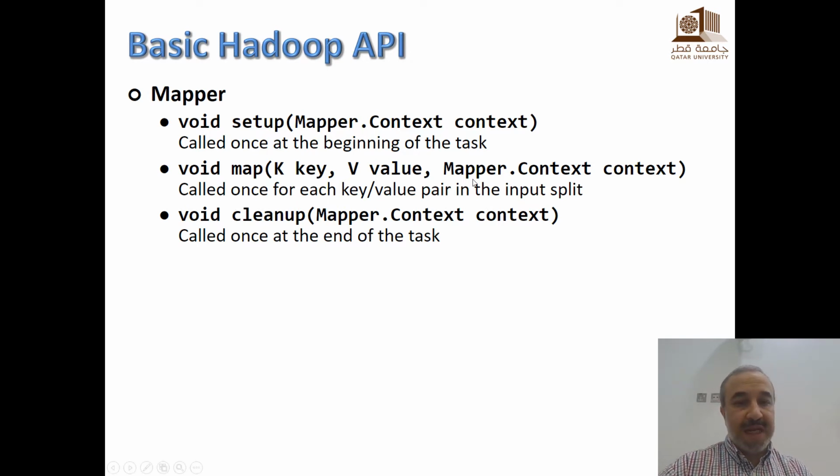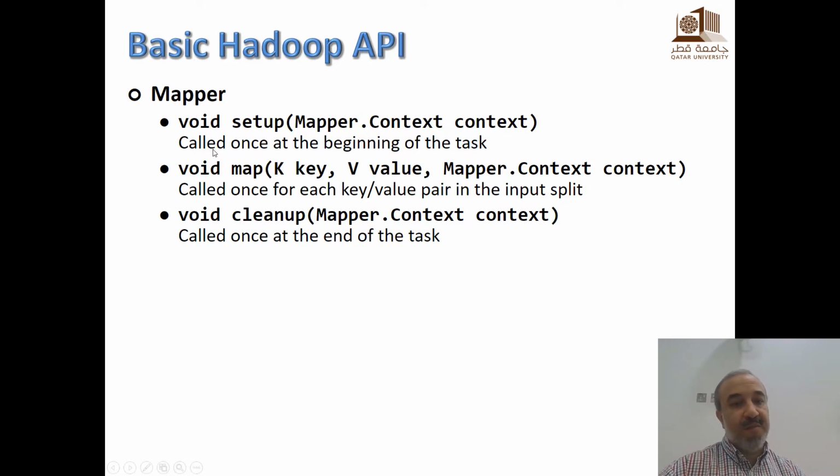So that's the main function of that class. So this will be called once per key value pair in the input split. Now remember that one input split will be assigned to one mapper object, which means that the map function within that mapper object will be called once for every record, for every key value pair.